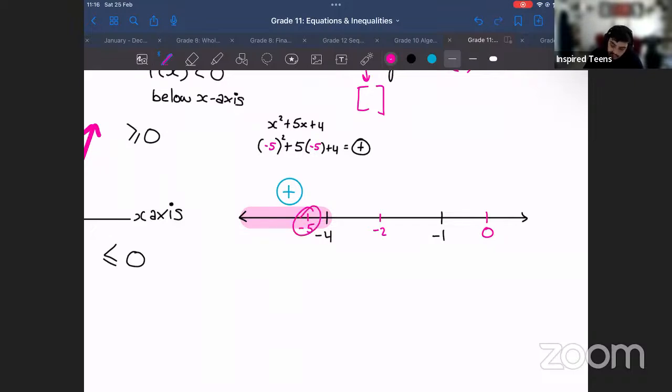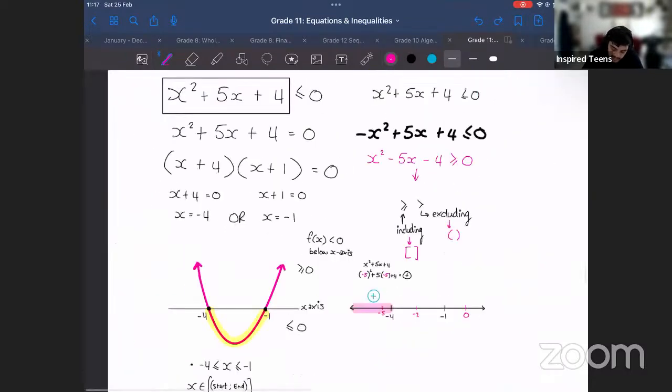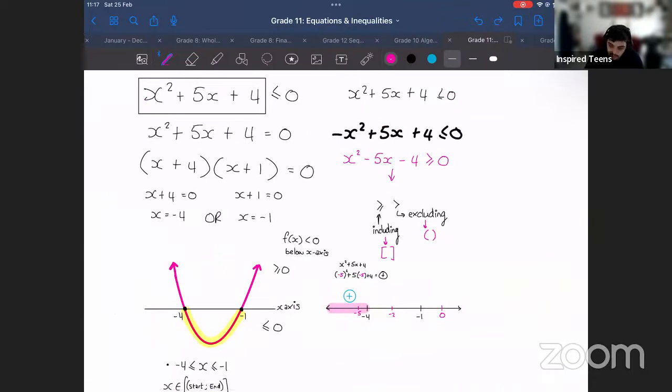You want to choose like -5. Yes, thank you. It could be anything negative. You always want to try and choose the easiest. Technically, anything before -4 is not going to be super simple, but you substitute it into your calculator. Then between -4 and -1, you can substitute anything. Please note, do not put -4 and -1. Remember, -4 and -1 is exactly what made it 0, so you're going to get 0.